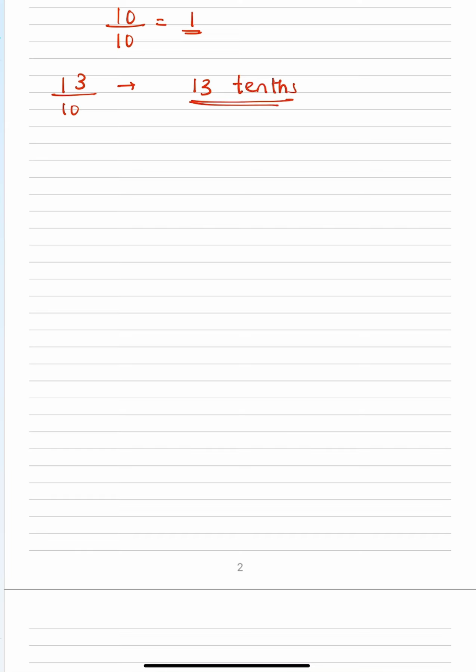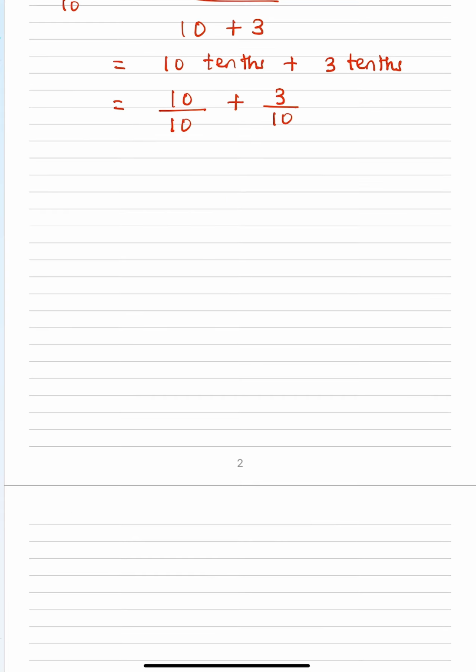What is 13 tenths? It is 10 tenths plus 3 tenths, which we write as 10 upon 10 plus 3 upon 10. Tenths means we divide by 10, according to the place value chart. So this is 1 plus 3 upon 10, which is 1 plus 0.3.